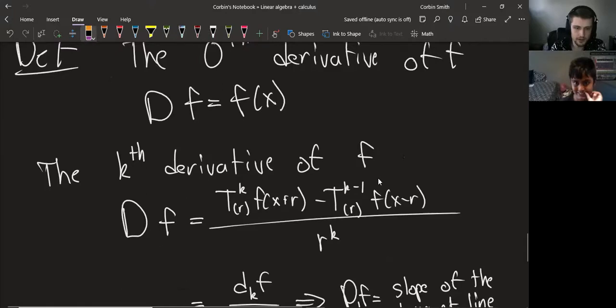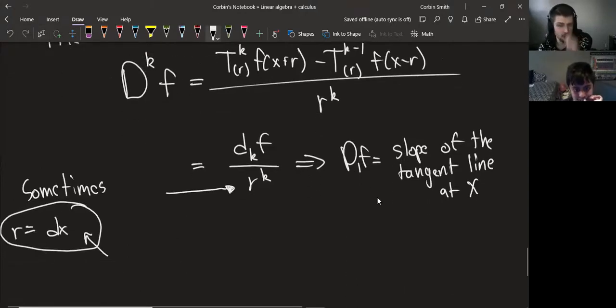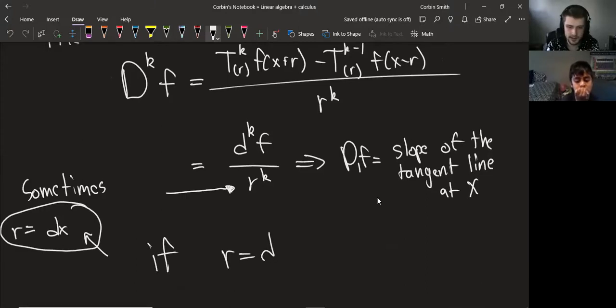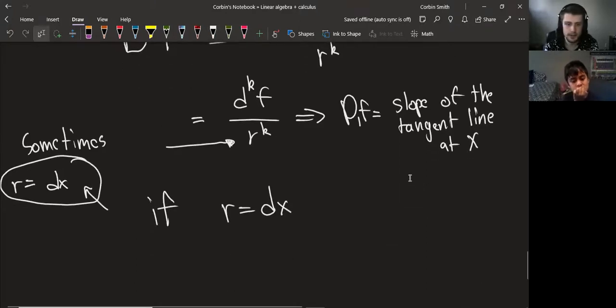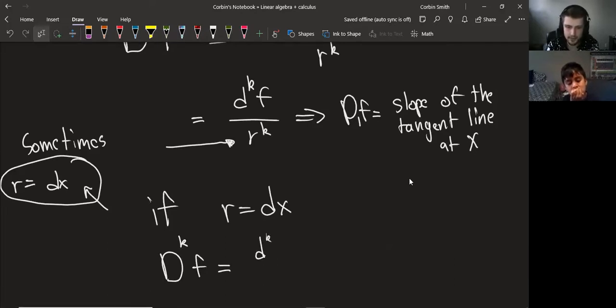What does this formula become if we write r as equal to dx? If r is equal to dx, then we get the kth algebraic derivative of f is equal to the kth differential of f divided by the kth power of dx.